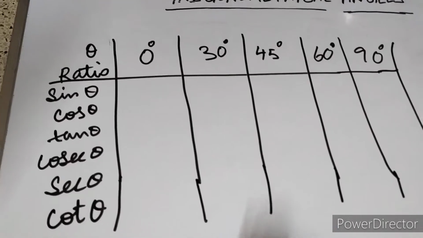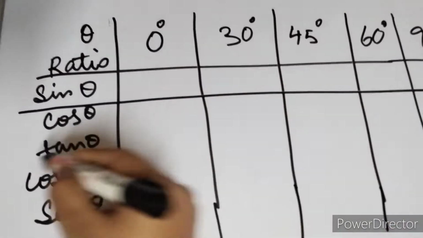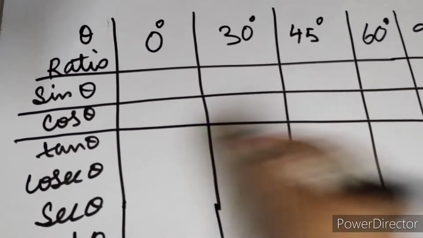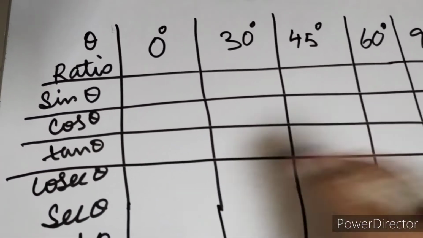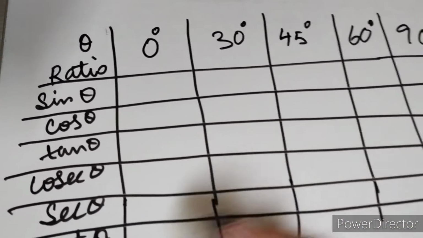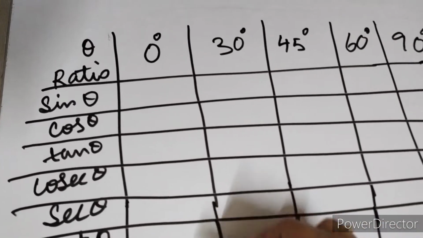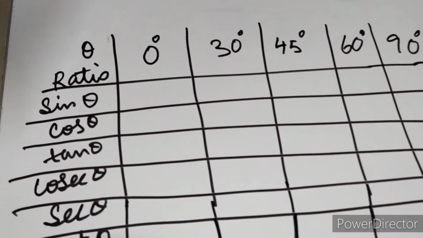So these are the angles which are there in your class 10 syllabus. Now if you remember sine, cos and tan, you can easily find out cosec, sec and cot, because they are the reciprocals of the first three ratios.